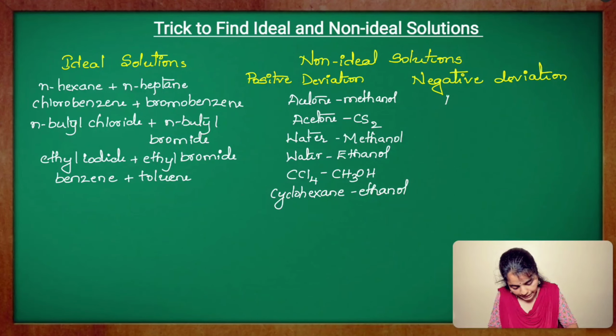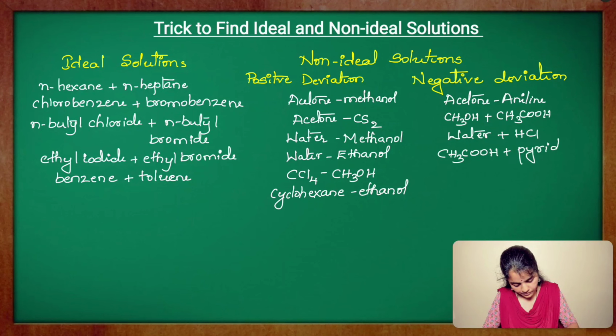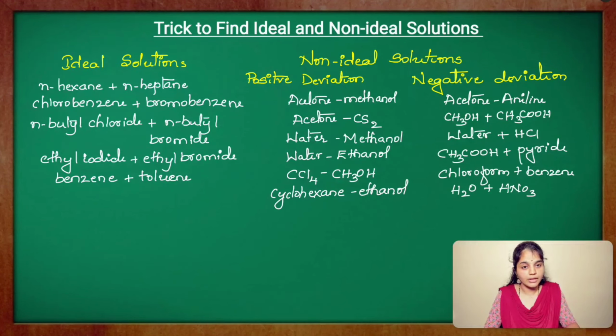The examples are acetone and aniline, methanol and acetic acid, a mixture of water and hydrochloric acid, acetic acid and pyridine, chloroform and benzene, water and nitric acid, acetone and chloroform.